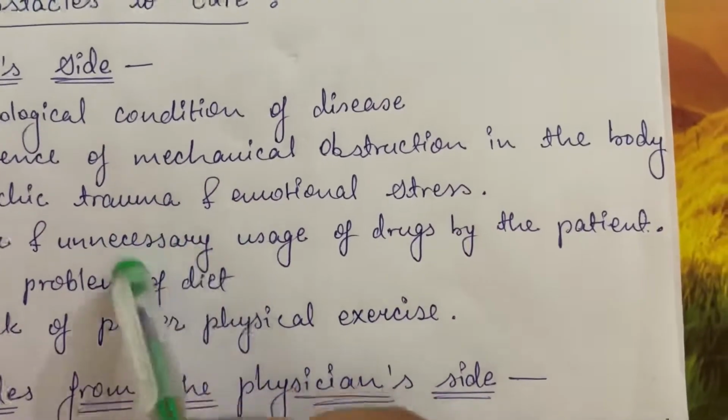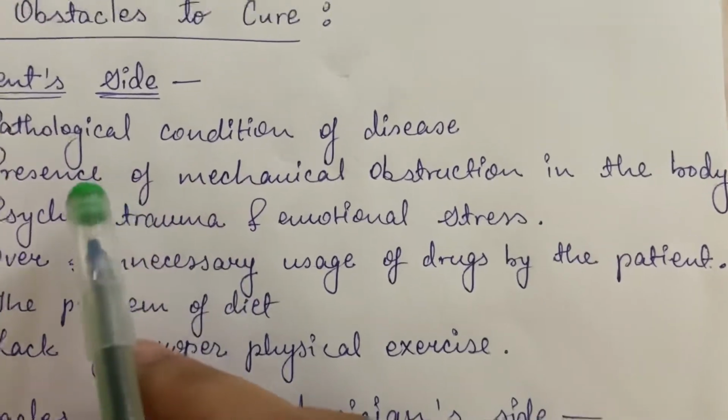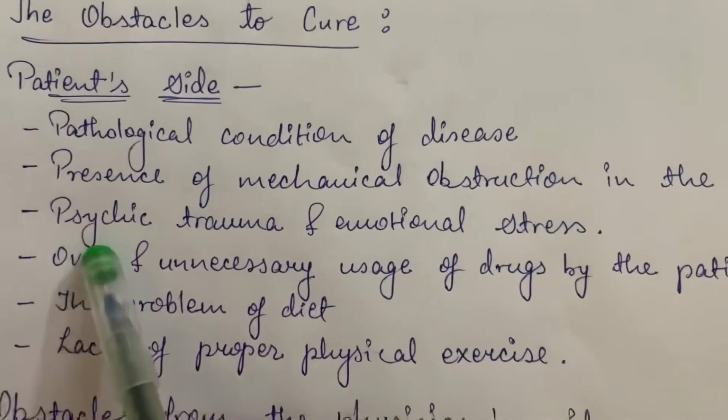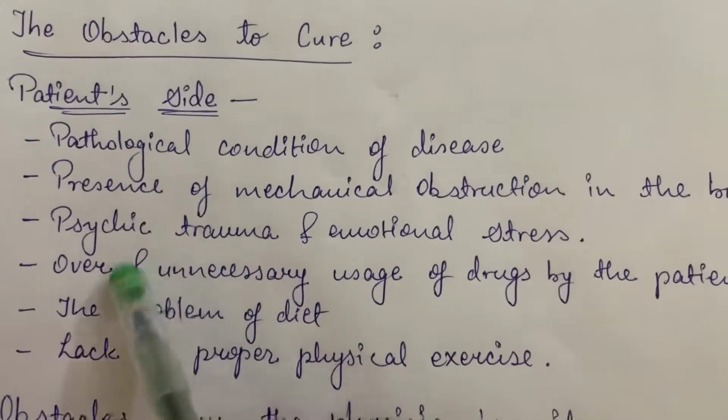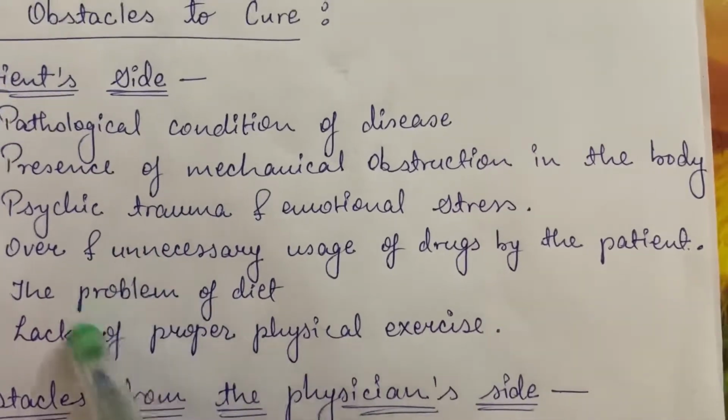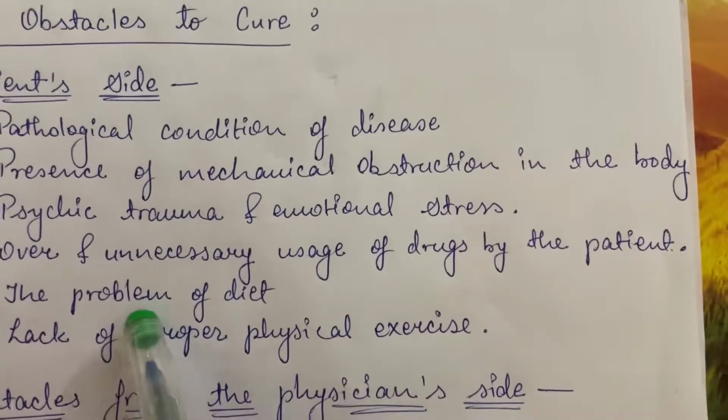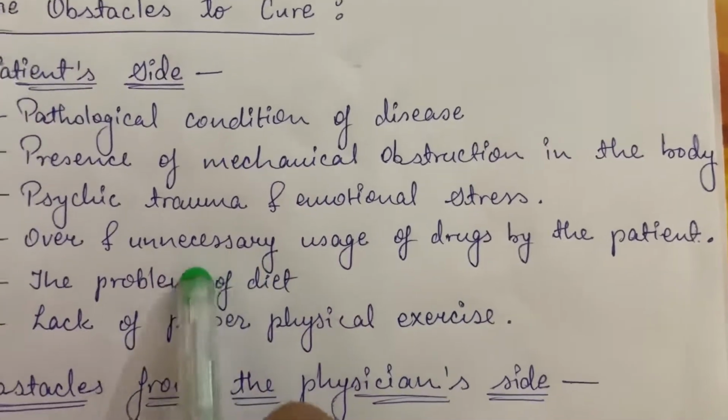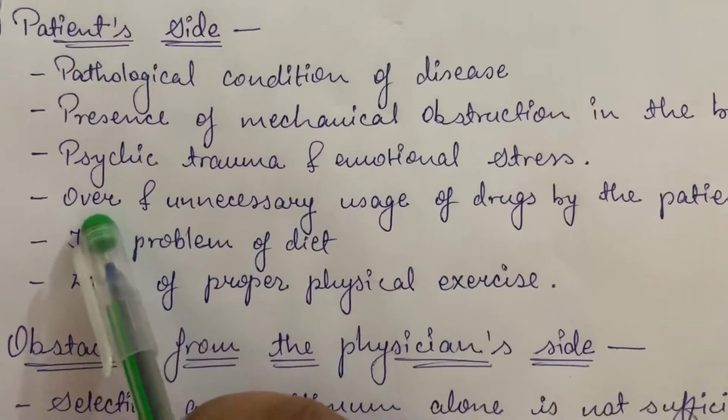These are the strongest emotions created by the patient's side. So this can also act as an obstacle to the cure, or an obstacle to that particular remedy which is going to act on the patient, right?